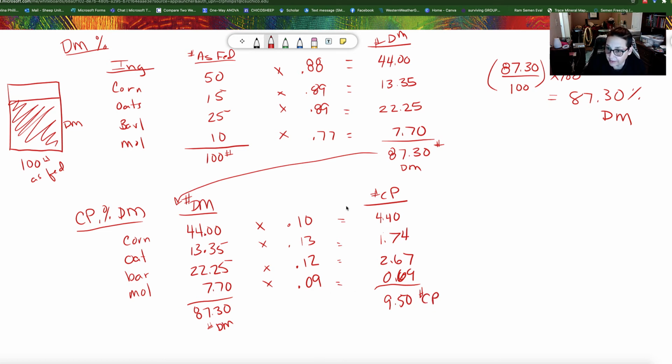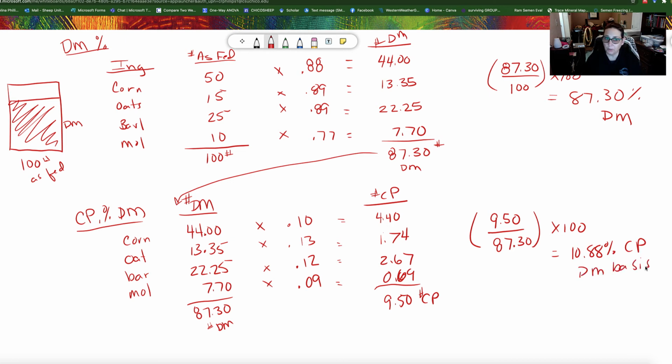So to figure out that percent protein, we're going to take the part, in this case the pounds of protein, out of the whole, the pounds of dry matter, and take that value times 100, and what we get is 10.88% crude protein on a dry matter basis.